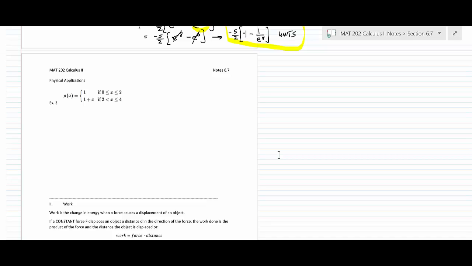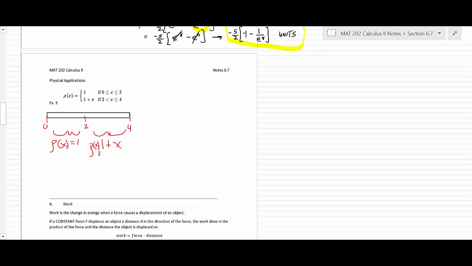You might have a rectangular bar, and it's defined from 0 to 2 as density equal to 1 unit, like grams per cubic centimeter. And then from 2 to 4, you have a different density, represented by the linear function rho equal to 1 plus x.